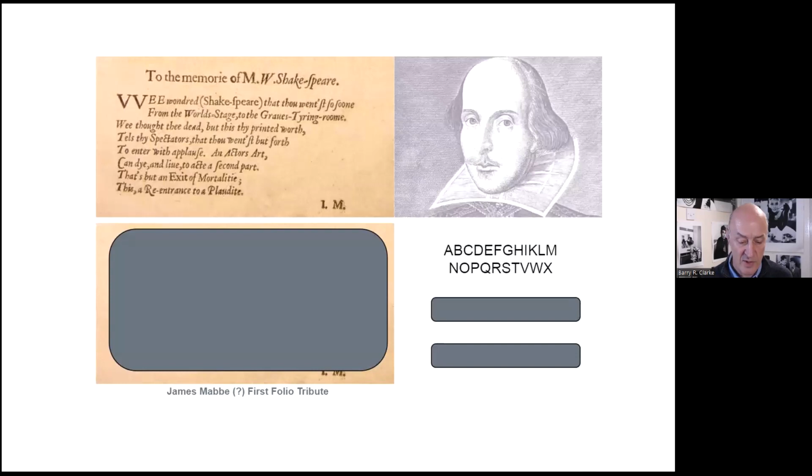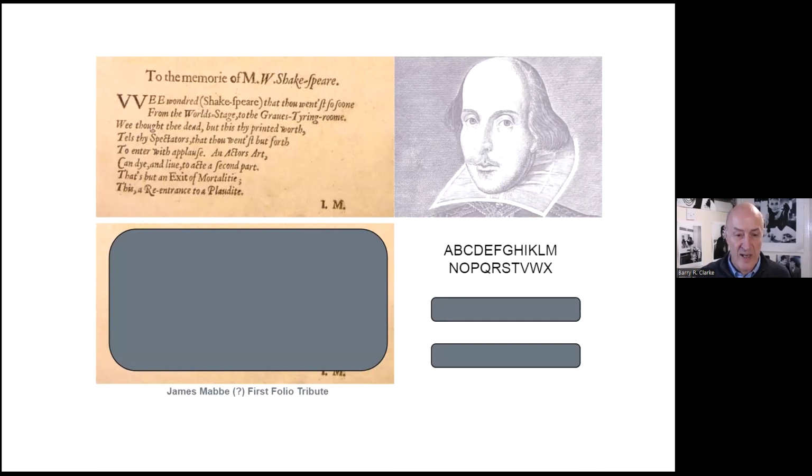So now I'm going to move on to the final part, which is "to the memory of William Shakespeare," signed I M at the bottom, which some have claimed to be the poet James Mabbe, a fellow of Magdalen College, Oxford. This example is for those who delight in drawing geometrical figures in the First Folio in order to find a name.